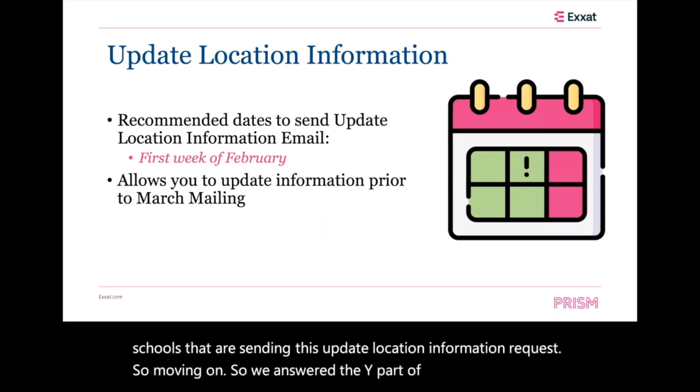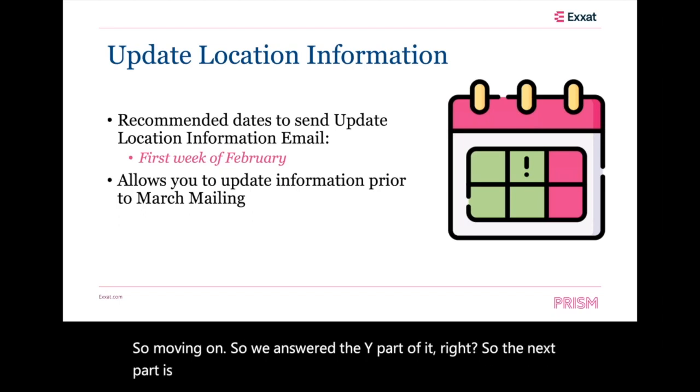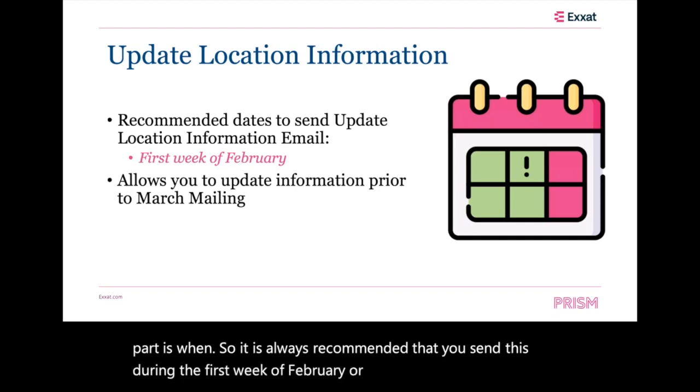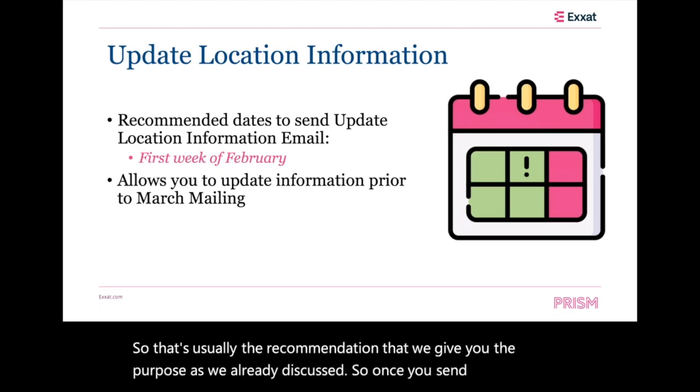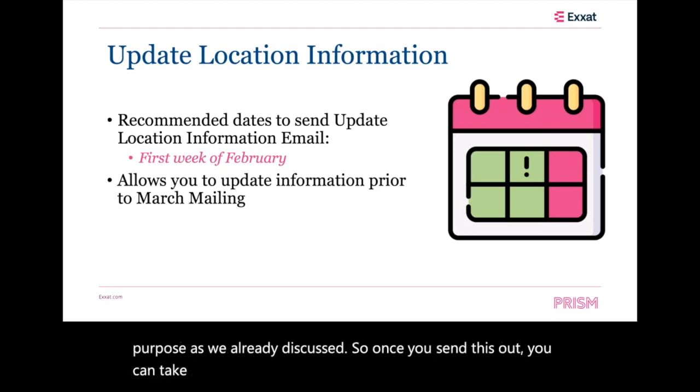So we answered the why part. The next part is when. It is always recommended that you send this during the first week of February, or by mid-February. Once you send this out, you can take a span of about 15 days to update all the information that has come in.